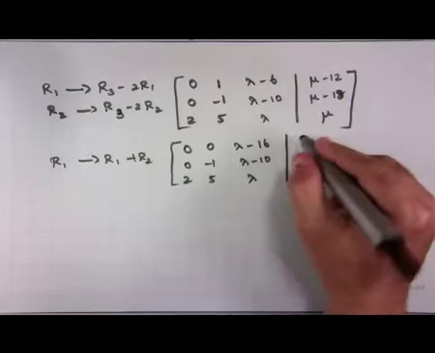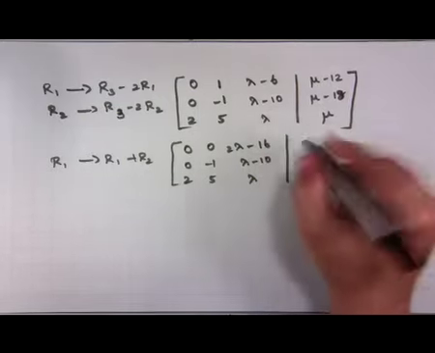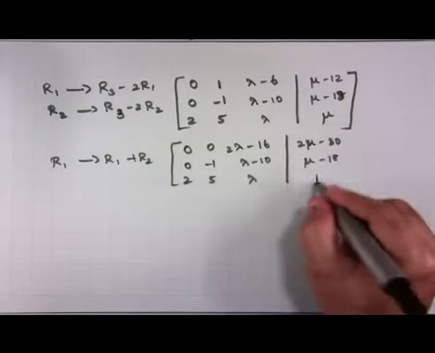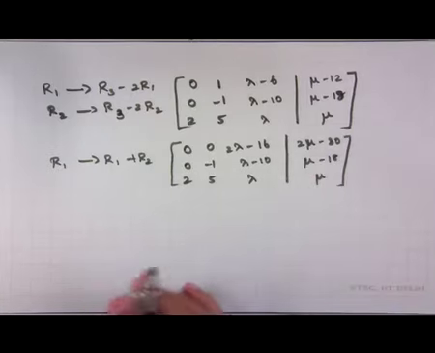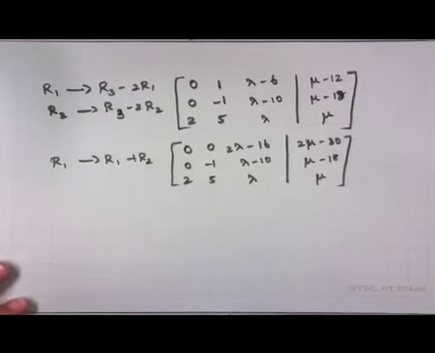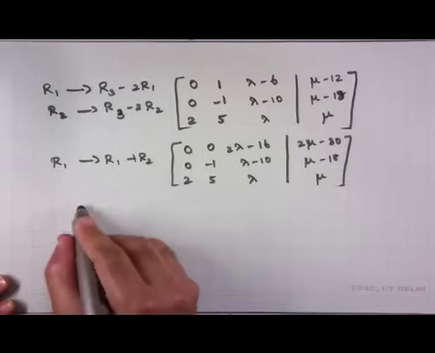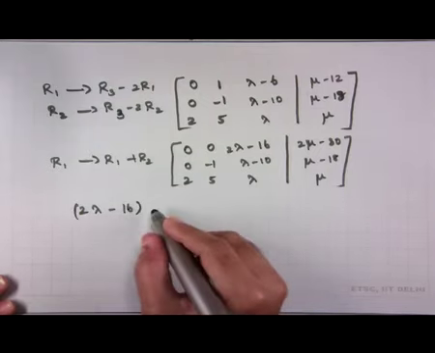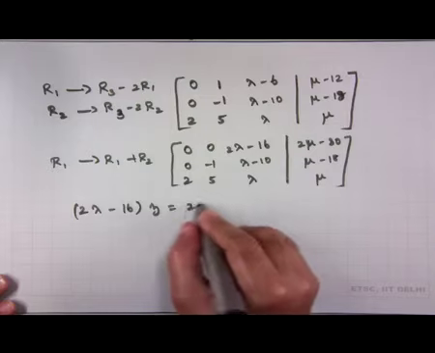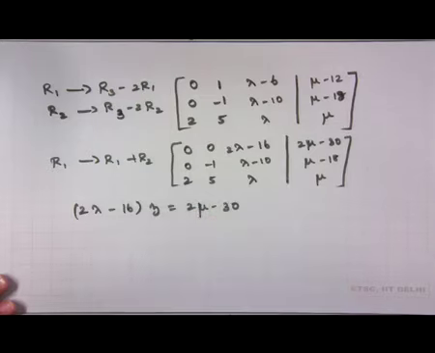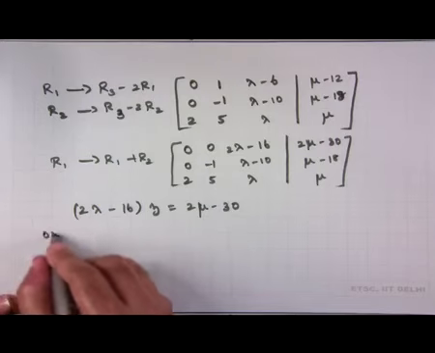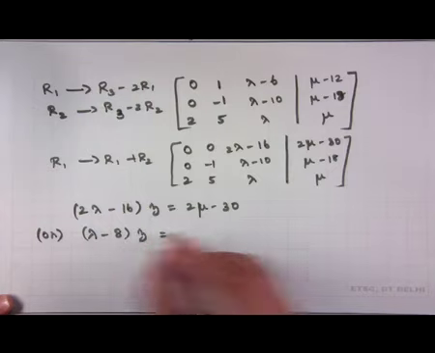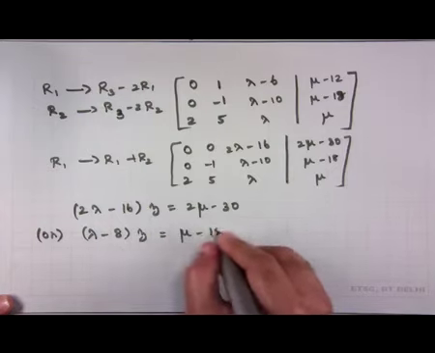If you add, sorry, you have 2 lambda minus 16, you have 2 mu minus 30, mu minus 18. Now, let us write down the first one, 2 lambda minus 16 times z is 2 mu minus 30, or equivalently lambda minus 8 times z equal to mu minus 15.